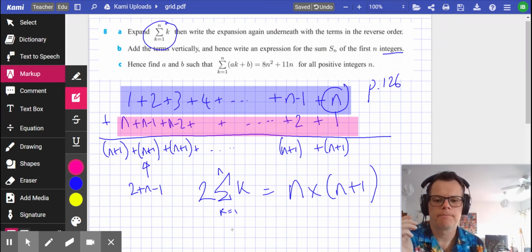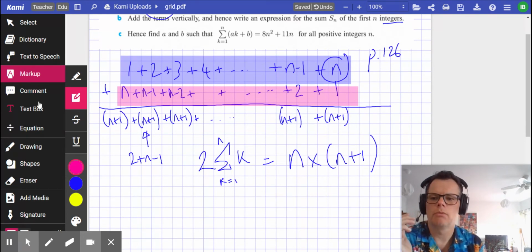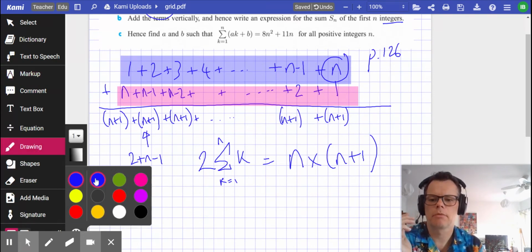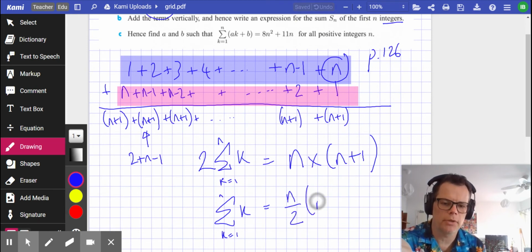And so the sum of the first n integers would be dividing by 2. So n over 2 multiplied by n plus 1.